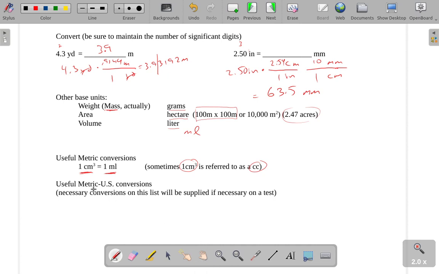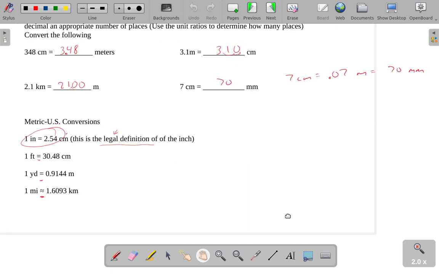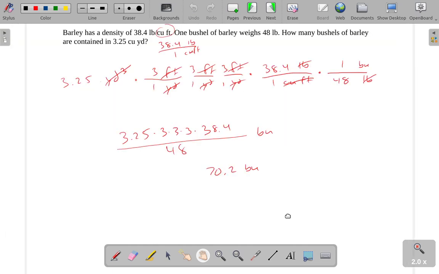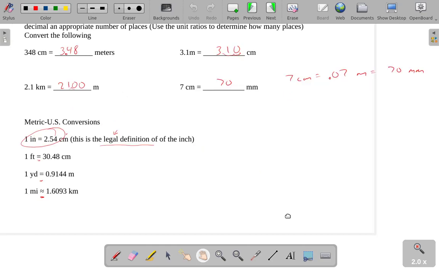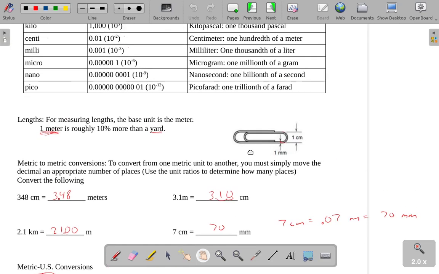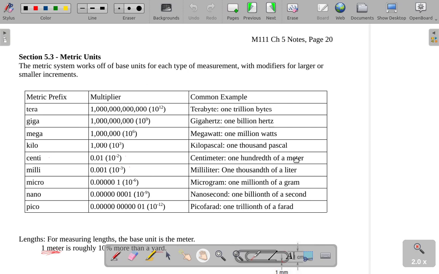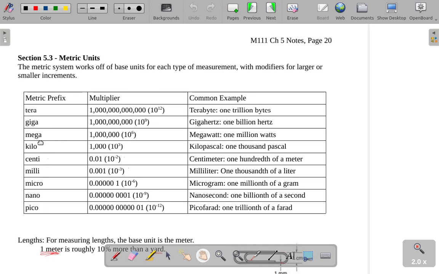All right, as far as conversions that will be necessary on your test, you'll need to know this list up here. See if I can pull it up again. This one up here. You'll need to know this list, at least a few of the prefixes. You need to know the centi, milli, kilo prefixes.